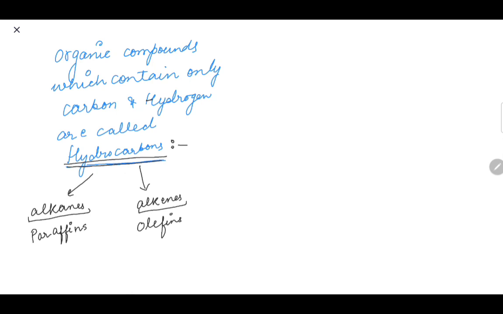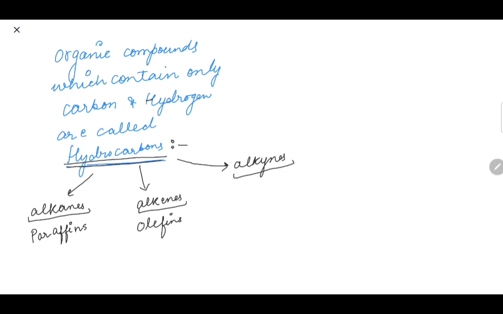Even for that matter, petrol and diesel also have a higher percentage of alkenes in them. Though the major component is octane, it also has a certain amount of alkenes in it. And the last type of hydrocarbon would be alkynes. And alkynes, as such, have no specific common name.